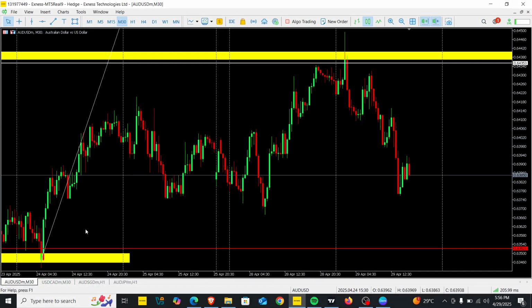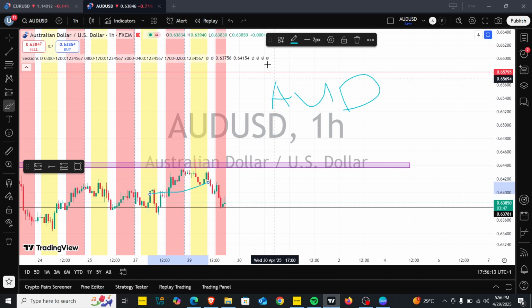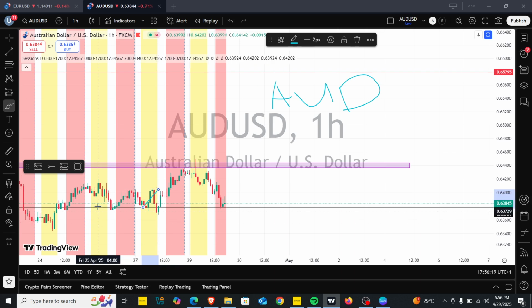You can see clearly just by understanding market sessions that the majority of the market movement happened during either the AUD session, which is Tokyo, or the USD, which is the New York session. You can see clearly how this works, right? So you want to focus on those trading sessions to know whether you're expecting a buy or a sell.